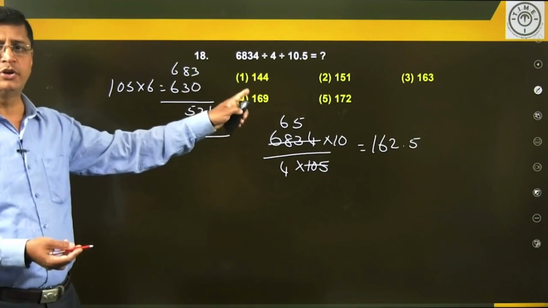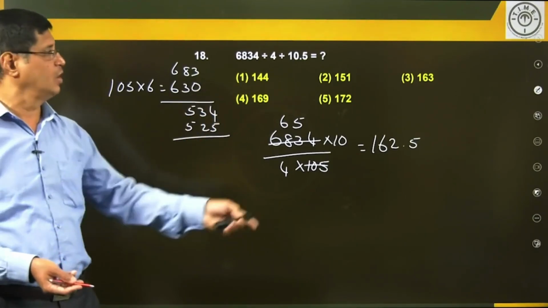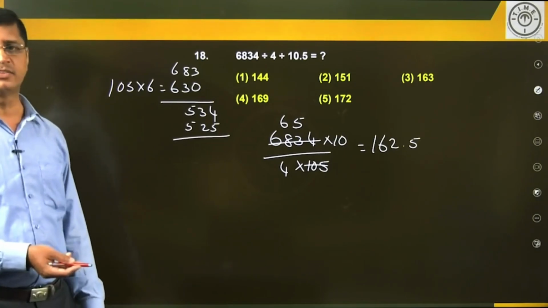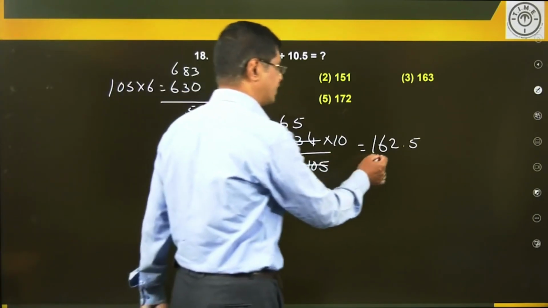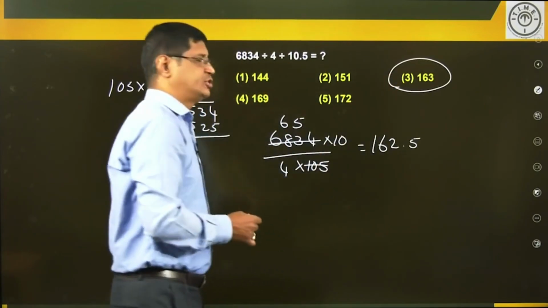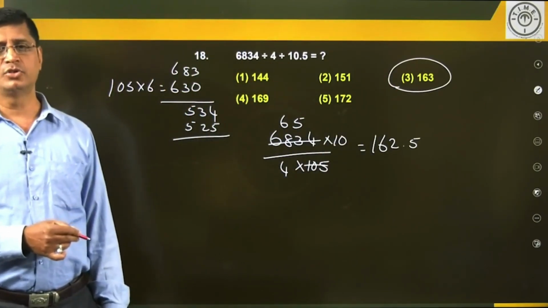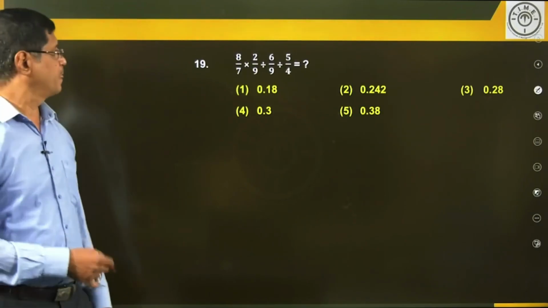So 16.25 into 10, 162.5. What is the closest answer for this? The nearest answer for this is 163. So the right choice is option number 3. The third choice is the correct answer.